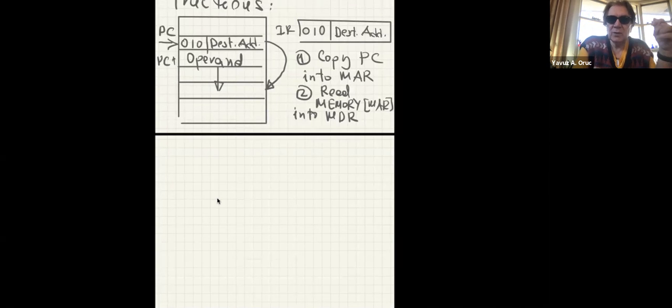All I have to do now is copy the address portion of the instruction into MAR and perform a write.